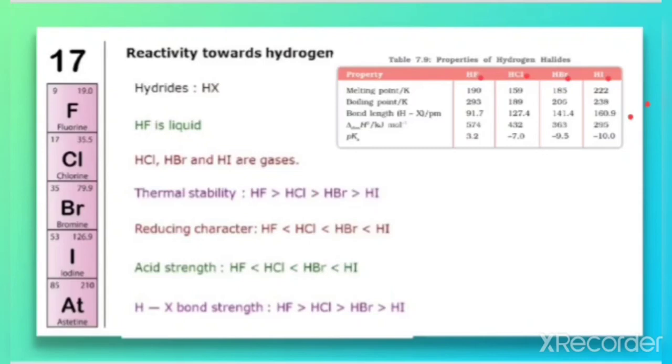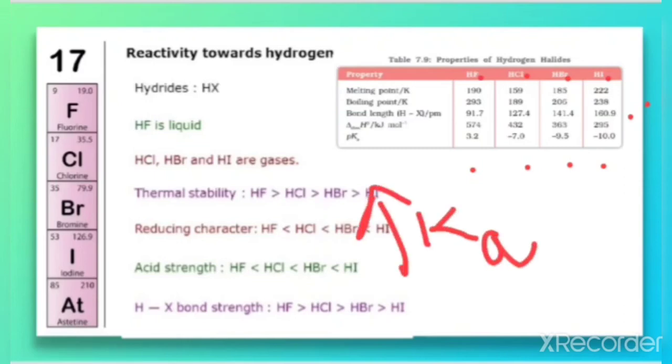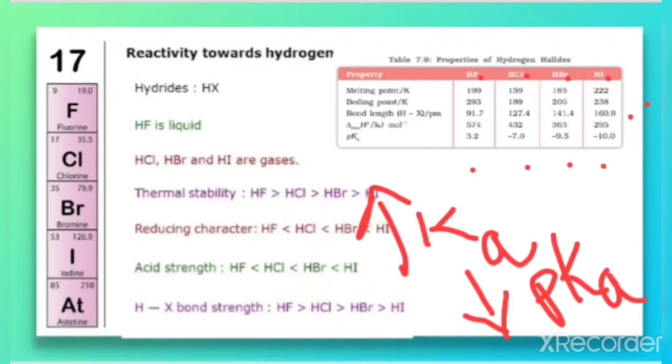The pKa value is given here for these acids. It shows that a stronger acid will have a greater Ka value but a smaller pKa value, because pKa is minus log of Ka.